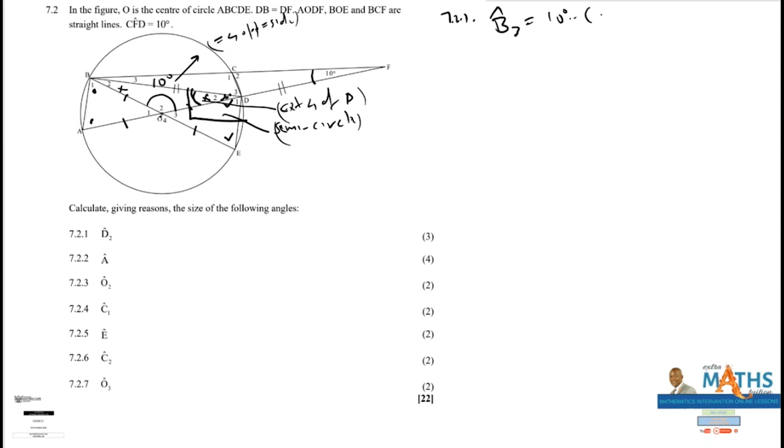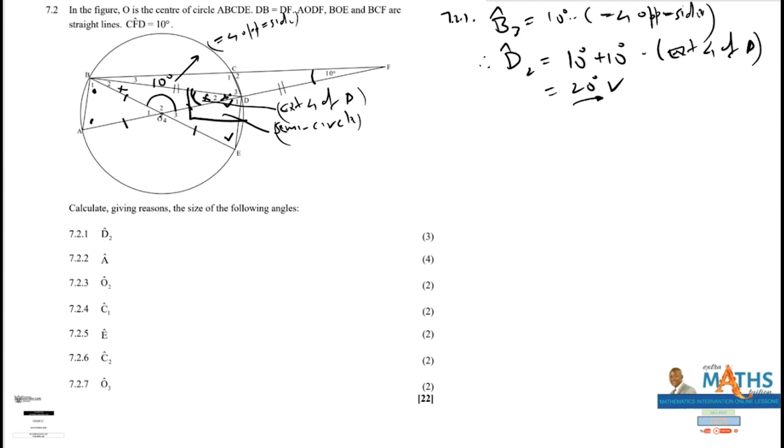Equal angles, opposite equal sides. Therefore, D2 will be equal to 10 degrees plus 10 degrees. Why? It's an exterior angle of a triangle. That will give you 20 degrees. That's how we're going to get these 3 marks, guys.